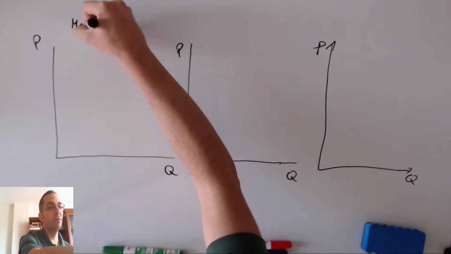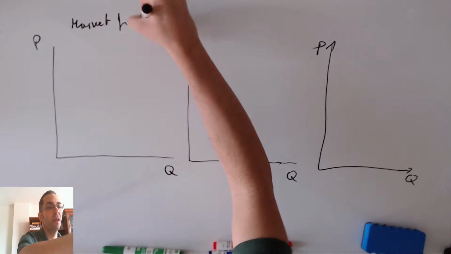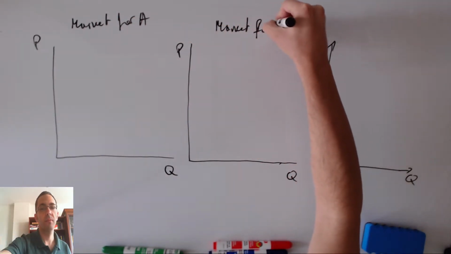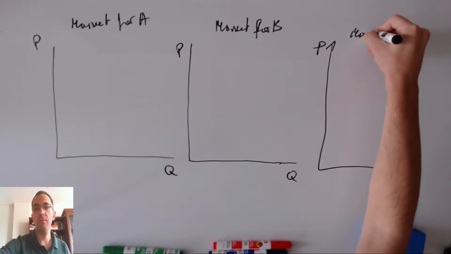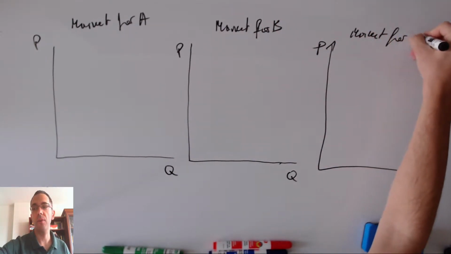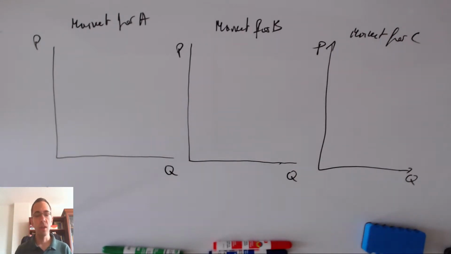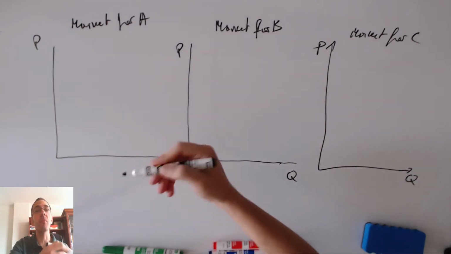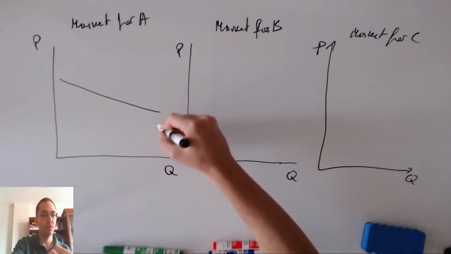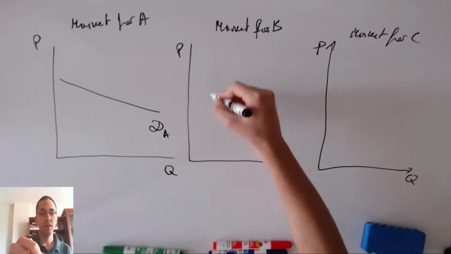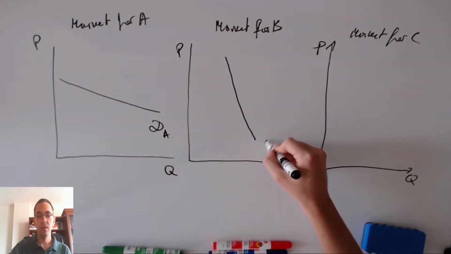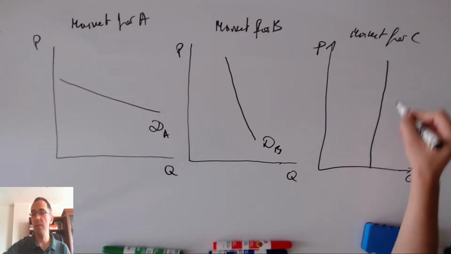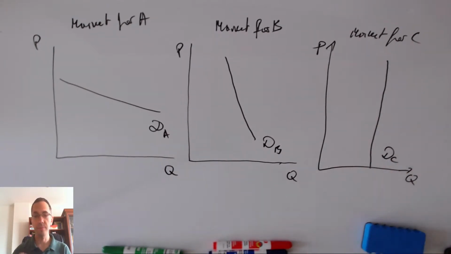So this would be market for A, market for B, and market for C. So three different goods and in three different markets, and we can have three different demands for each good. So this would be demand for A, this will be the demand for B, and this will be the demand for C, a vertical line.